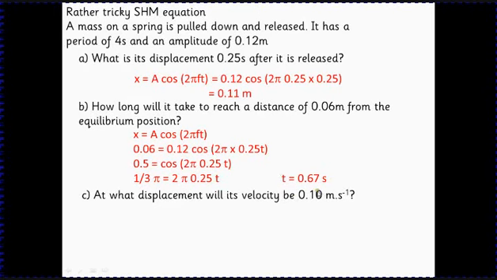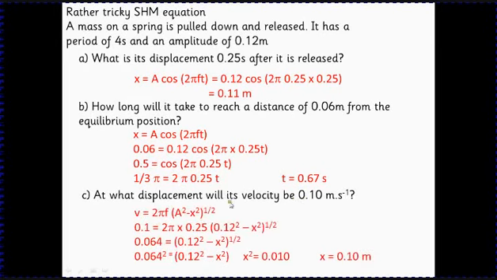What displacement is the velocity 0.1 meters per second? Well, now we're trying to find a displacement where we've got a value for the velocity, so we need this equation, but again a bit trickier because our unknown is in here. So just put the numbers in. V is 2 pi f times the square root of the amplitude, 0.12 squared, minus the displacement squared. Well, get your 2 pi times 0.25 over the other side.